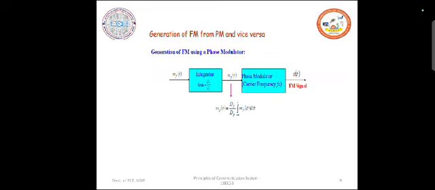So the resulting FM will be S of t is equal to AC cos of omega ct plus df integral from minus infinity till t of m of sigma d sigma. So this becomes the equation. How do you basically see the block diagram for a frequency and a phase modulator?